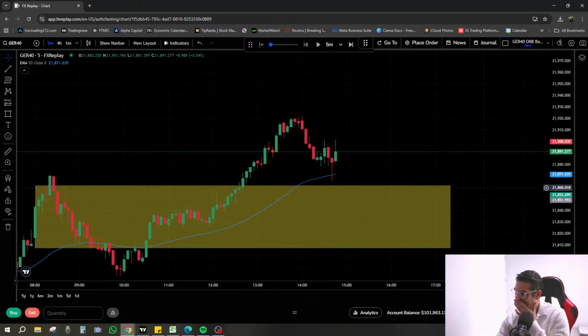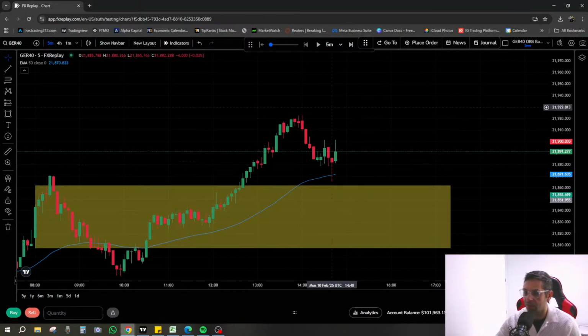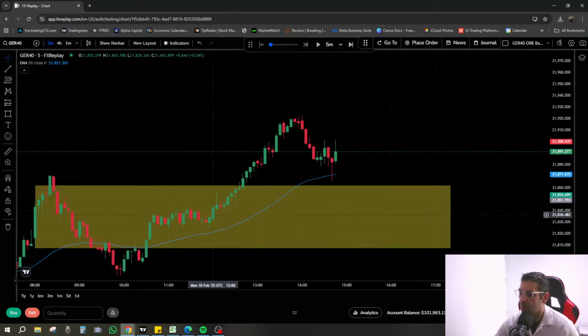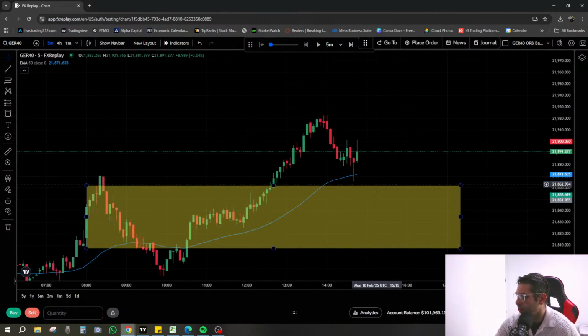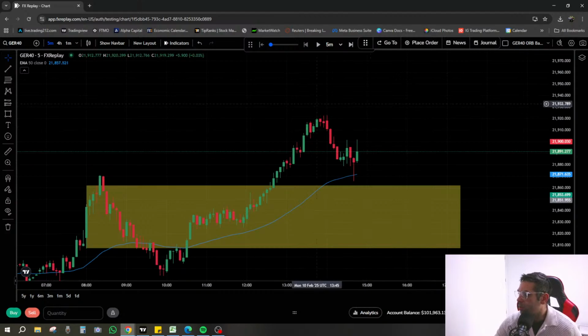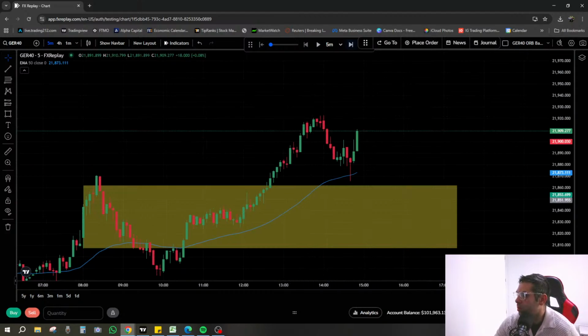So it's good just to have patience and see what the price does, and if it actually tests this range, because if it does this, it's a bit overextended, and how long is it going to take until it starts printing red? Not long. So you just have to wait and see.